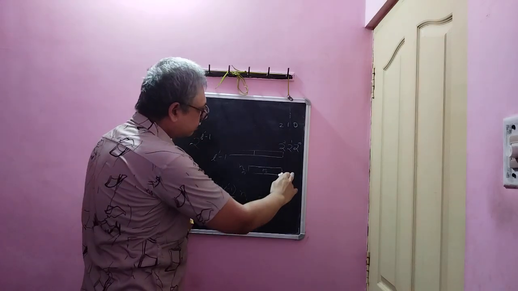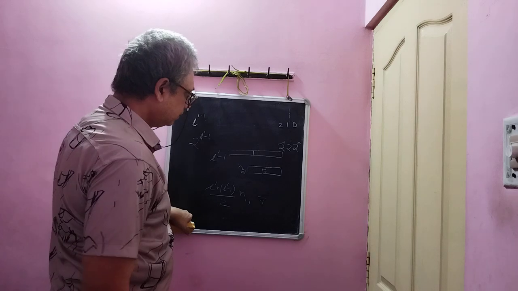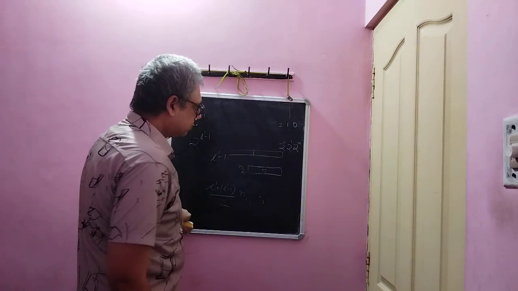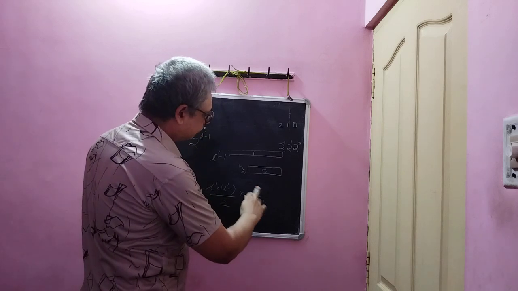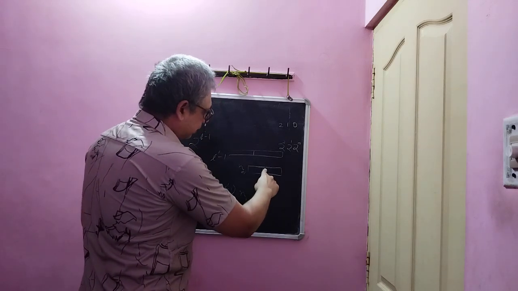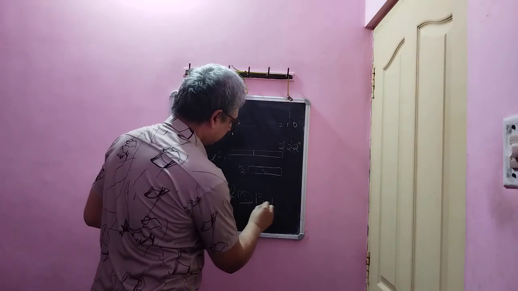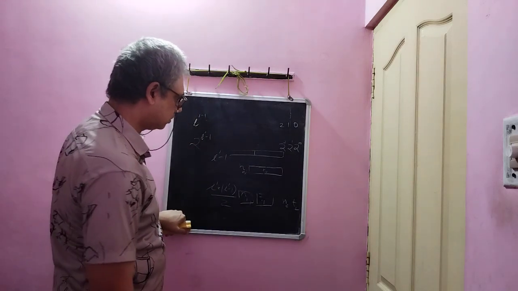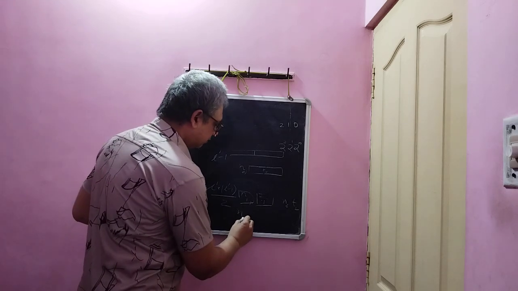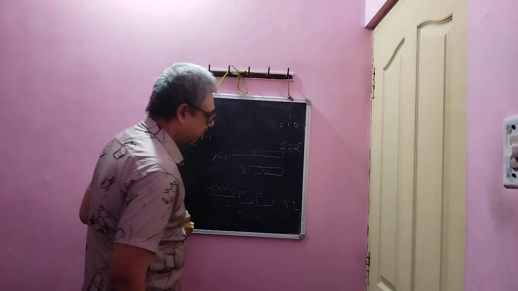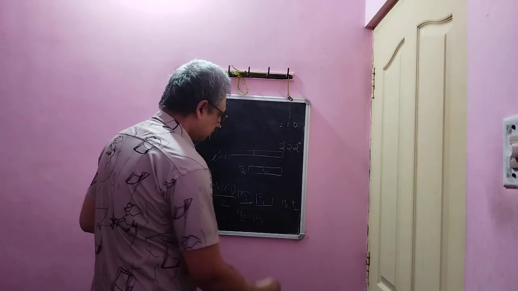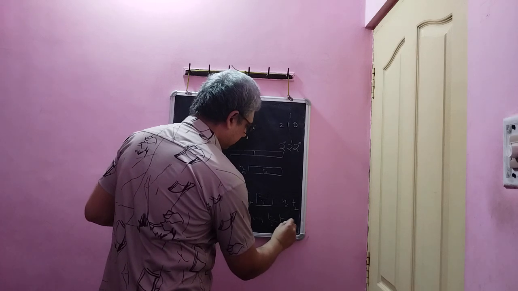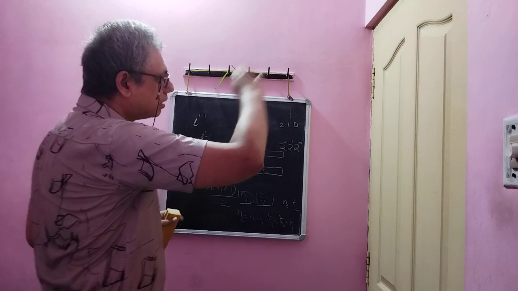Since you know the total sum, you know the sum of the values for the right part. Similarly n2 and t2 for the right part will be nothing but n0 minus n1, and t2 will be t0 minus t1.